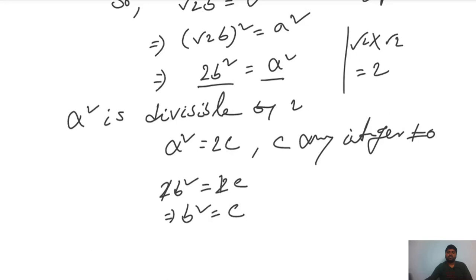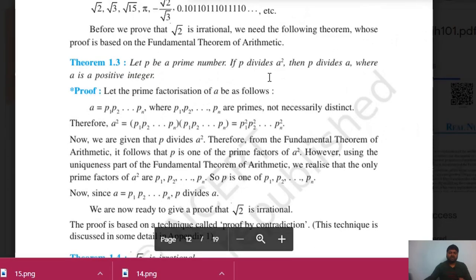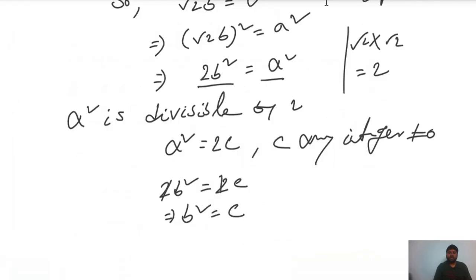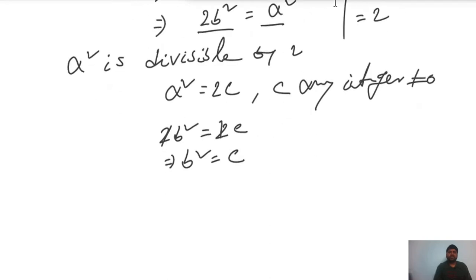Also, here we use the theorem: let p be a prime number. If p divides a square, then p divides a, where a is a positive integer. So here a square is divisible by 2, so a is also divisible by 2.